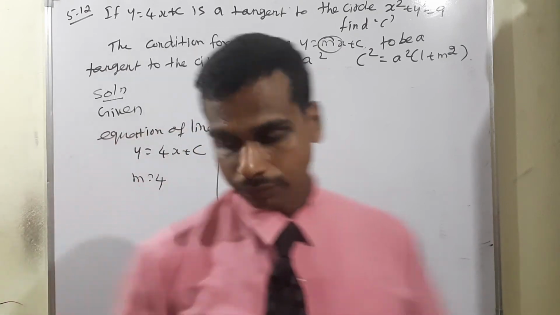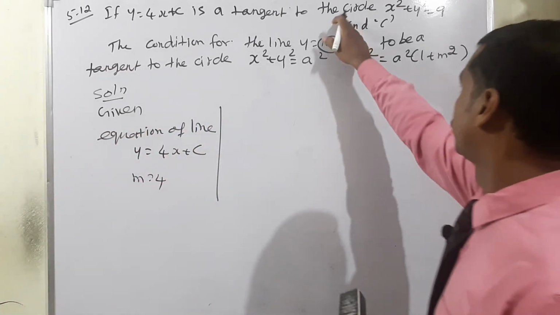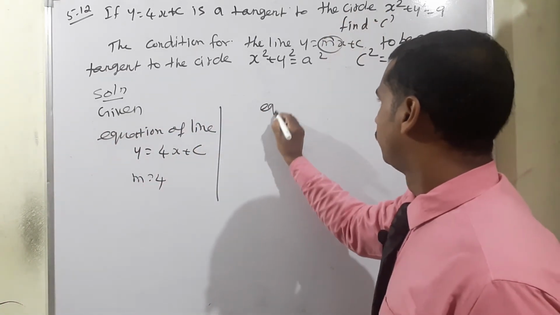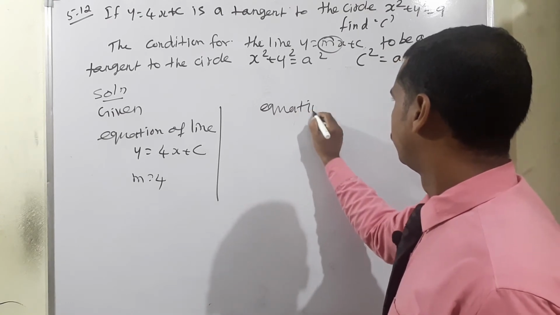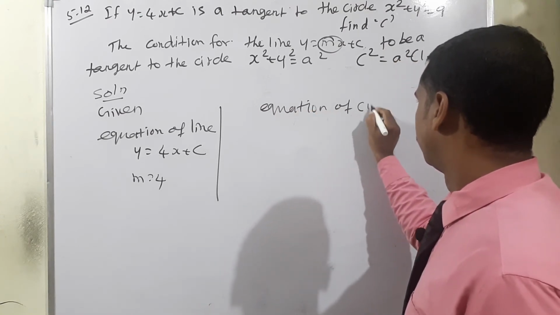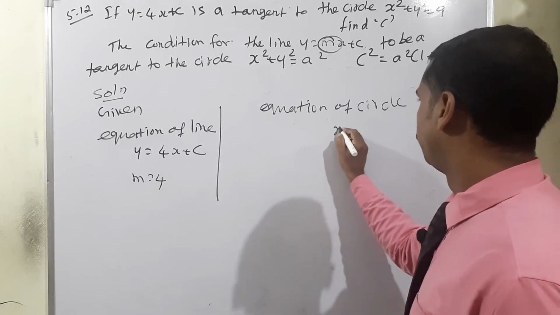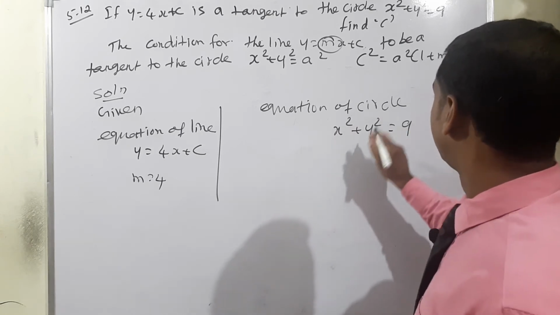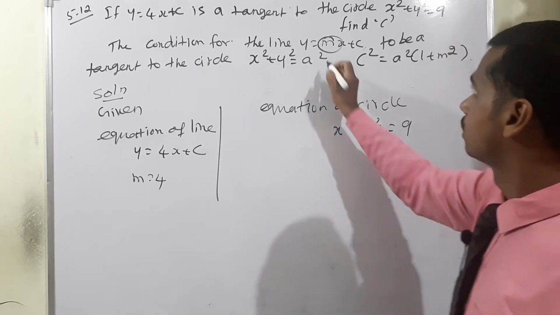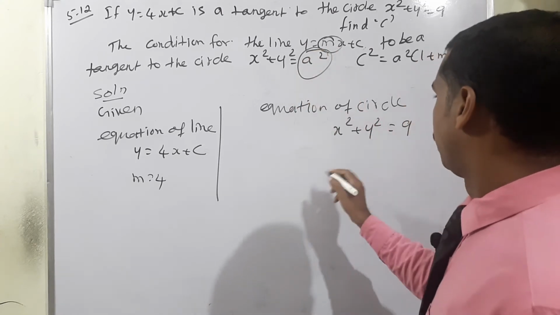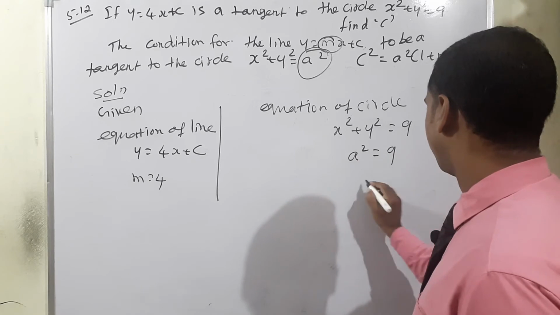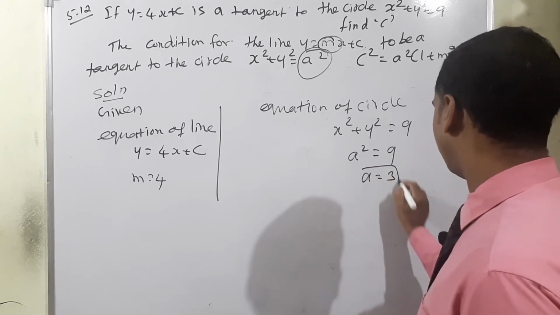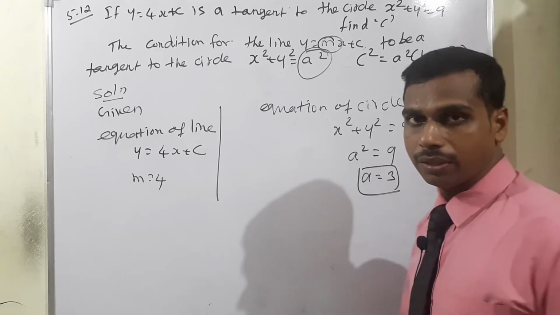Then this is equation of line. Then equation of circle. Equation of circle means x square plus y square is equal to 9. What is the meaning? x square plus y square is equal to a square. Therefore we can write a square is equal to 9, means a is equal to 3 will come, because square root of 9 means value will be 3.